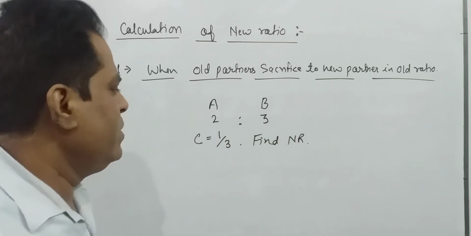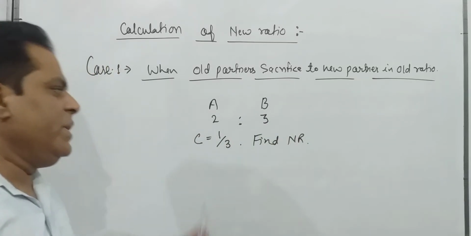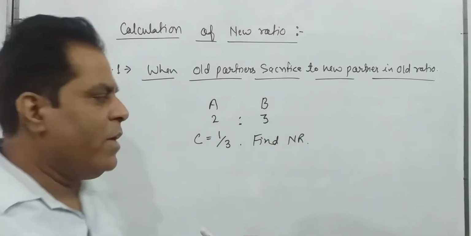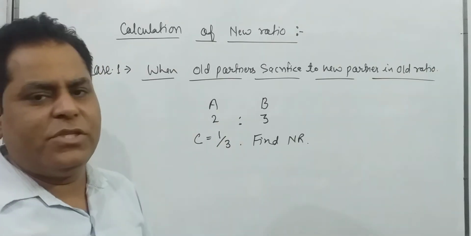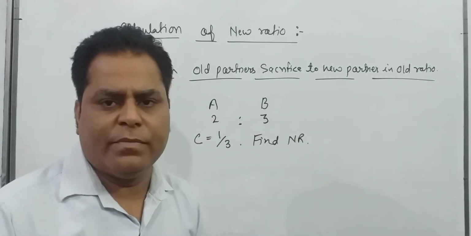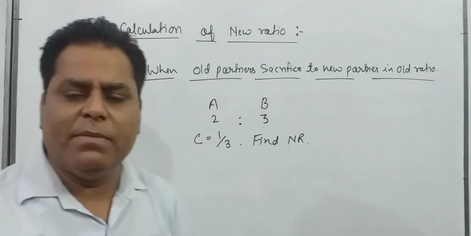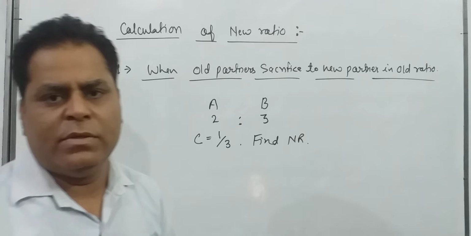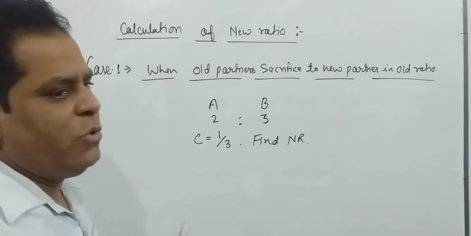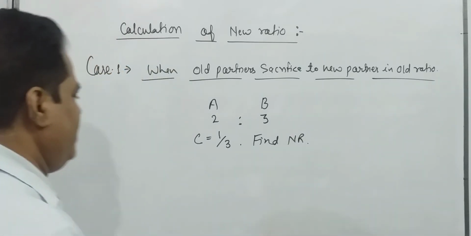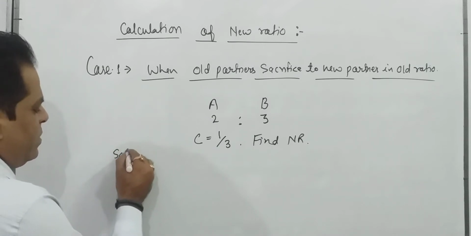In this question, it is not mentioned how C acquires his share from A and B. Nothing, no information. Now in this situation, how to calculate the new ratio? See my example. This is the solution.